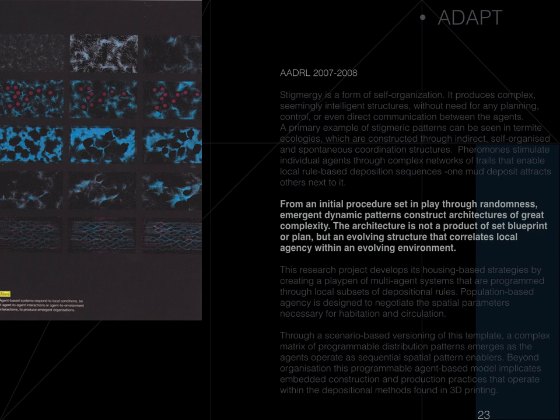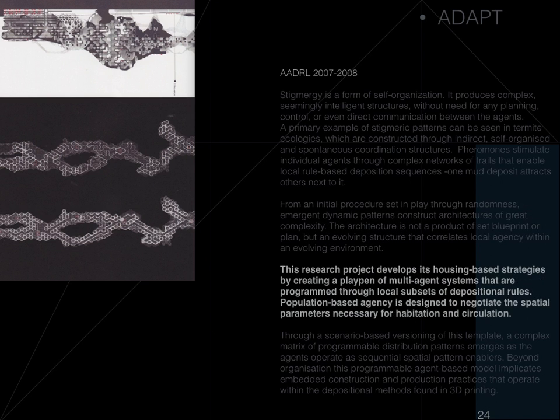Architecture is not a product of a set of blueprints or plans, but an evolving structure that correlates local agency within an evolving environment. This research project develops its housing-based strategies by creating a playpen of multi-agent systems that are programmed through local subsets of dispositional rules. Population-based agency is designed to negotiate the spatial parameters necessary for habitation and circulation.